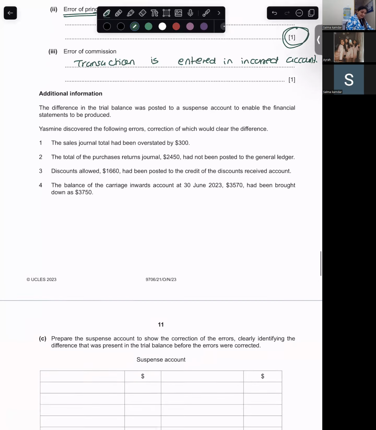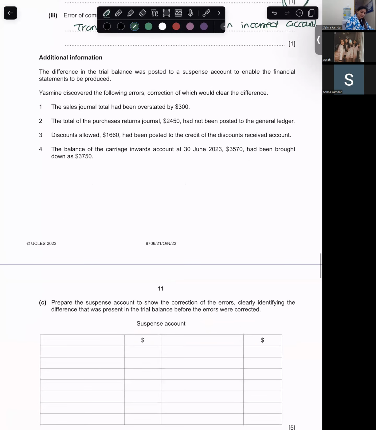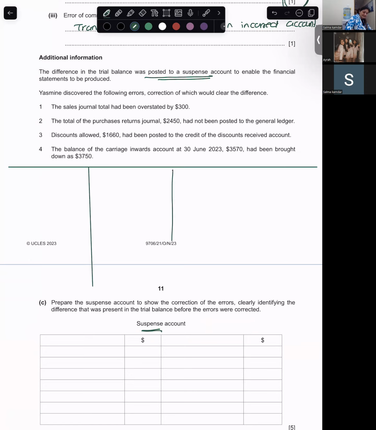Now, the next thing they want us to do is prepare a suspense account. They are telling us that the difference in the trial balance was posted to the suspense account. So I'm giving you 5-7 minutes to analyze the things by yourself, and then we will do them together and post it.